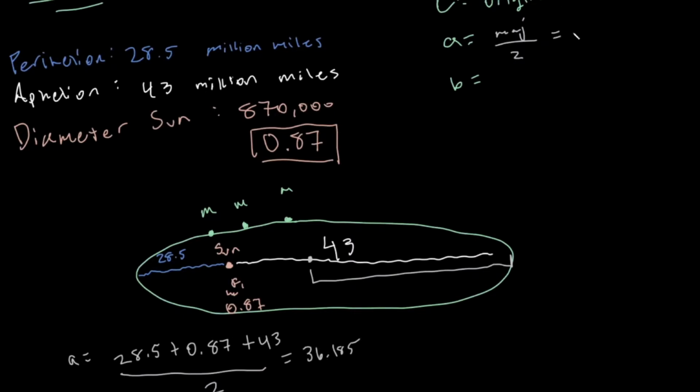So we have that. How do we get B? Or C? If we know C, we can get B. Any ideas, y'all?